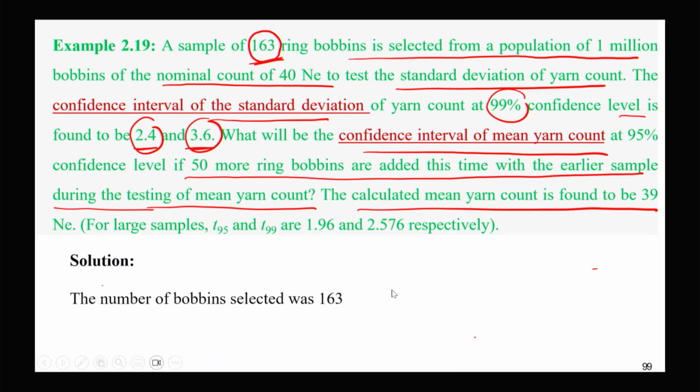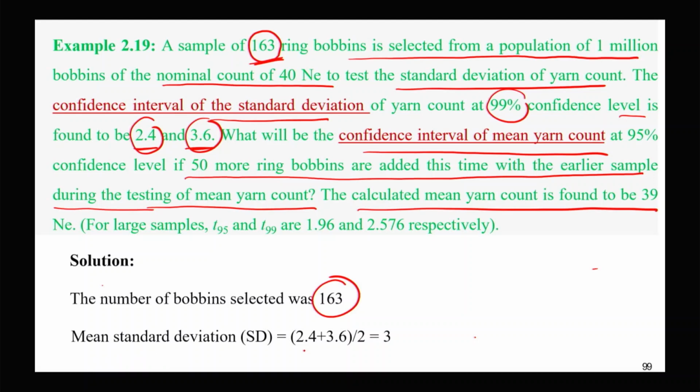Here the solution is, the number of bobbins selected at present is 163, and the mean standard deviation as I have mentioned is the midpoint of these two intervals. So 3 is the standard deviation. So this standard deviation will be used to calculate the standard error of mean.